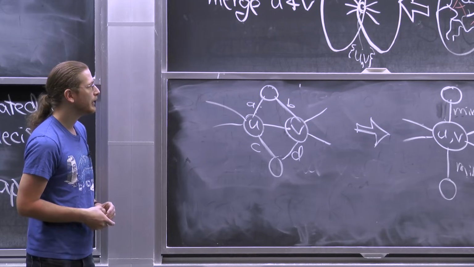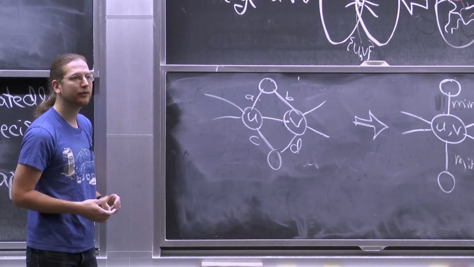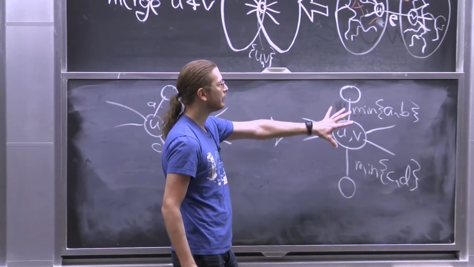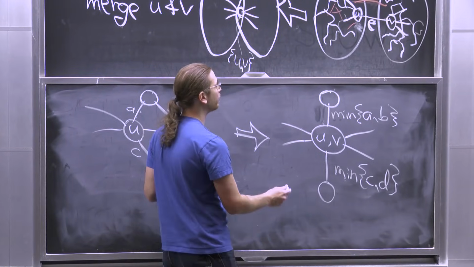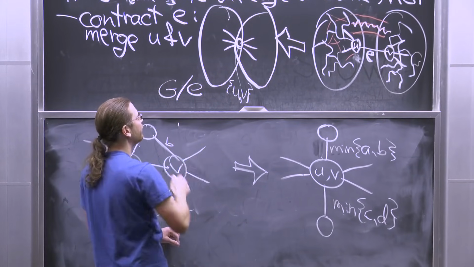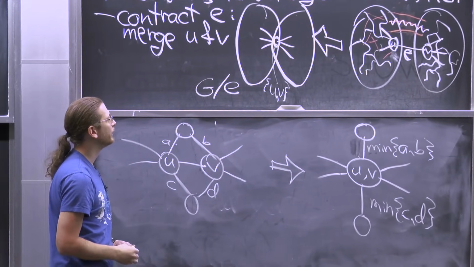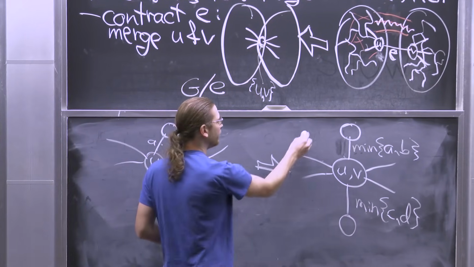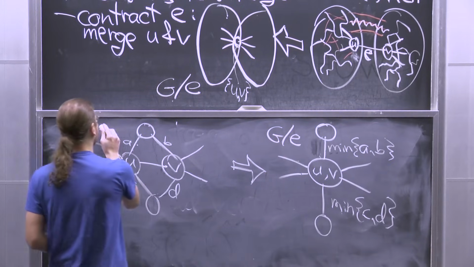And I claim it's a good thing to do in the sense that if I can find a minimum spanning tree in this new graph, this is usually called G/E, instead of G minus E to remove E, I'm contracting E. So this is G/E, this is G.